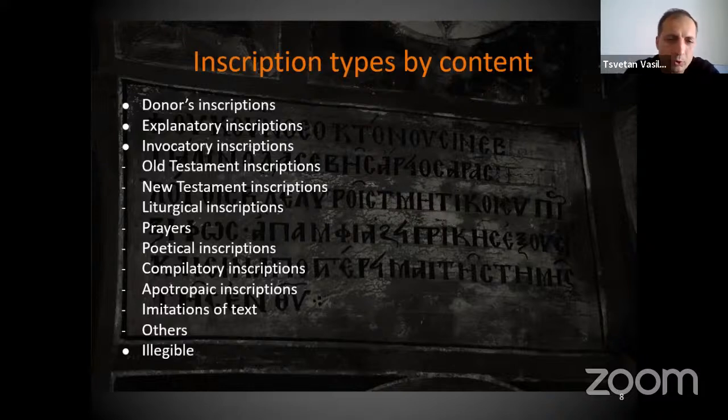We have also some mixed type of inscriptions, for instance, compilatory inscriptions. They're very interesting but difficult to identify. We have apotropaic inscriptions, which means inscriptions designed to repel evil forces. We have also imitations of texts and other. Of course, we have illegible inscriptions. So this is one example of a classification that we use in our project, ORASIS project.